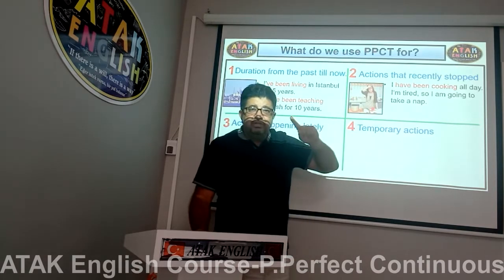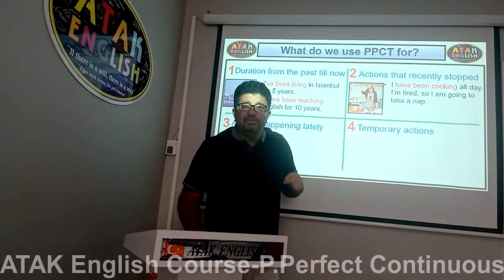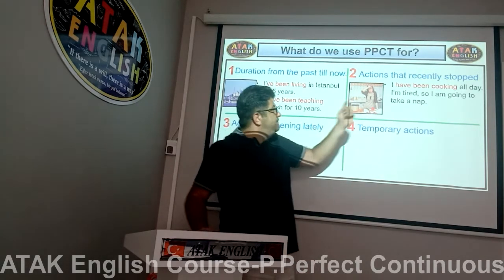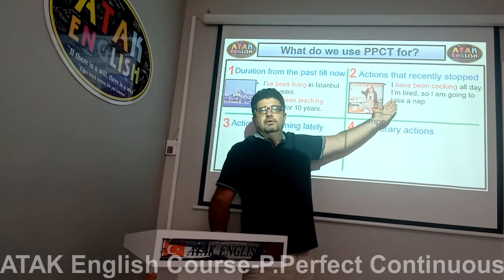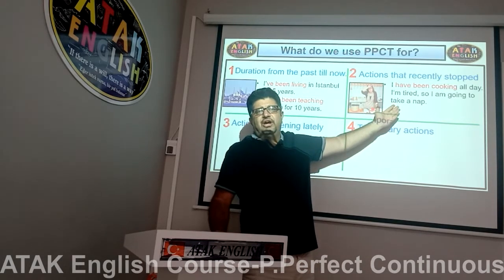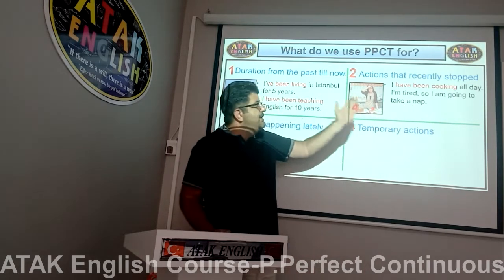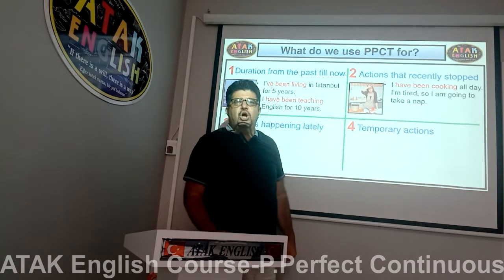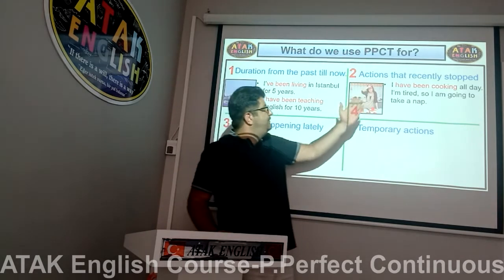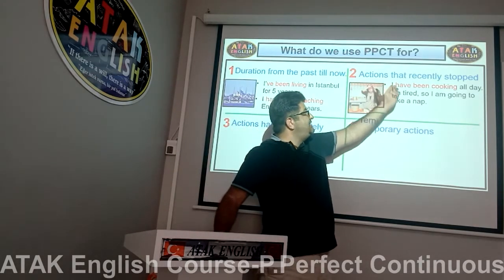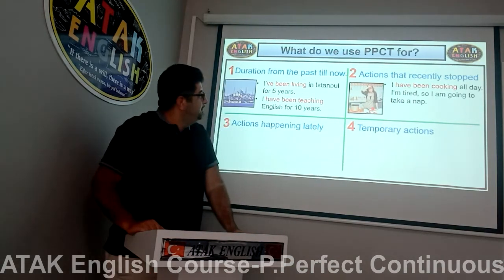That action has recently stopped. And because she has been cooking all day, she's tired now, or she got tired. So she's going to take a nap. That example shows us that we can use present perfect continuous for actions that recently stopped.